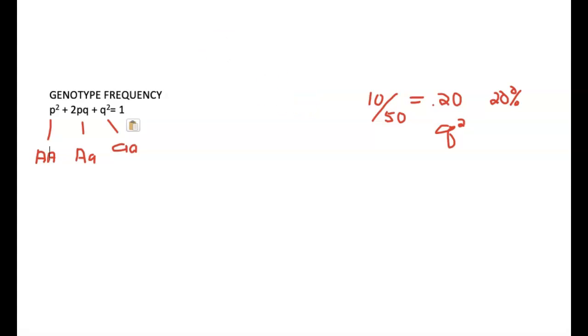So let me get rid of this. Oh, I killed myself here. Let me redo all this. P squared plus 2pq plus q squared equals 1.